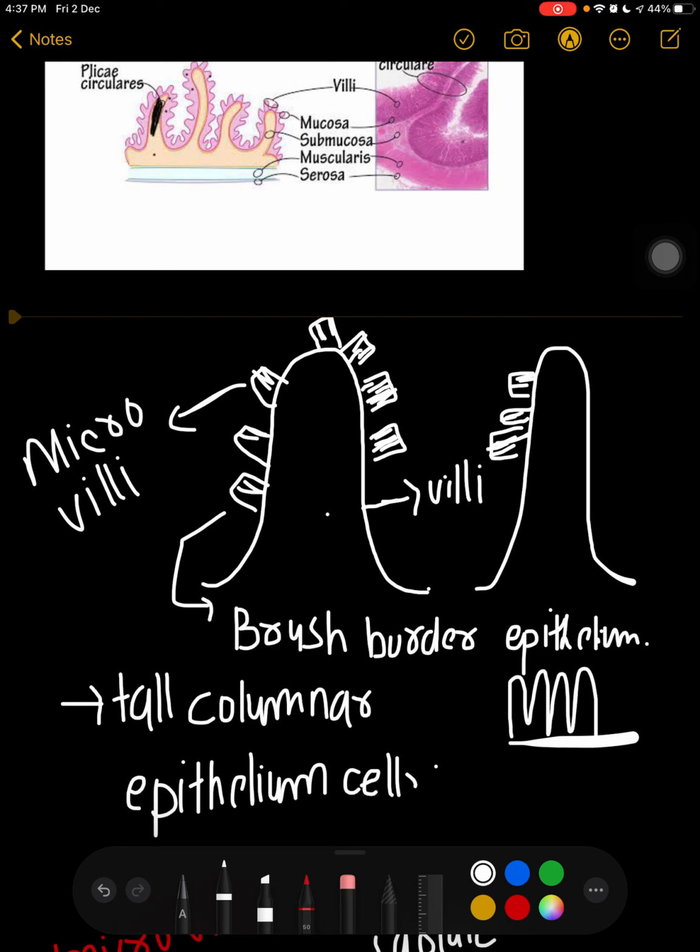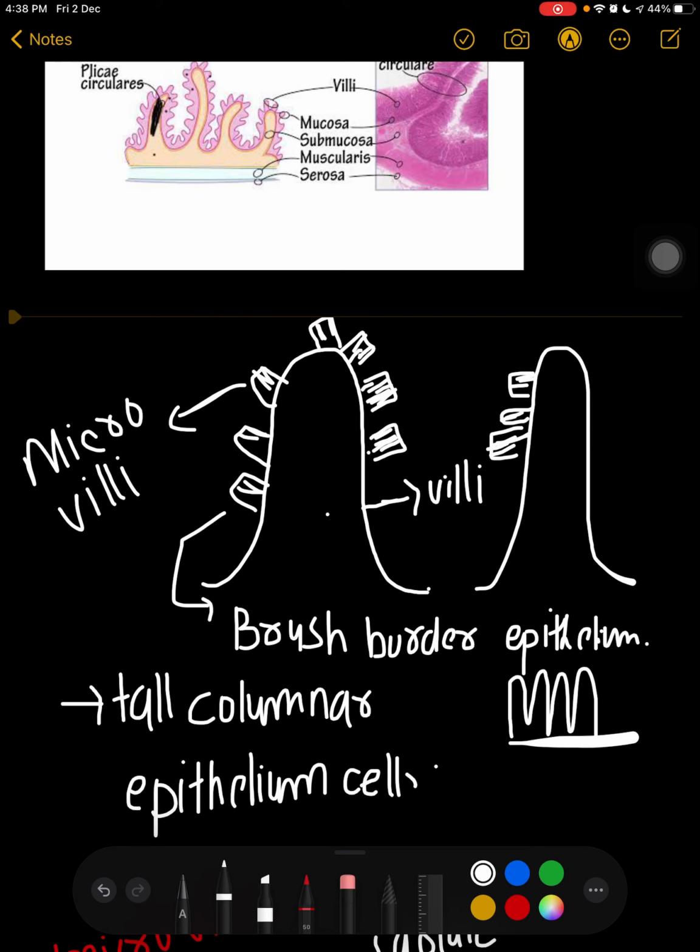So this is villi, and above them there are tall columnar cells which have finger-like foldings. Their cytoplasm folds and forms microvilli, and these cells are also known as brush border epithelium.